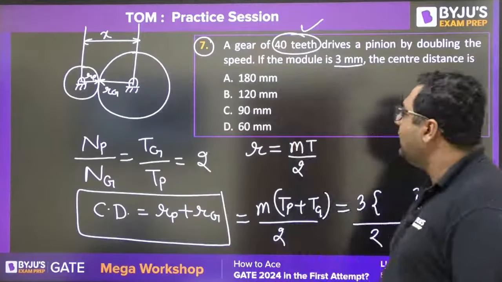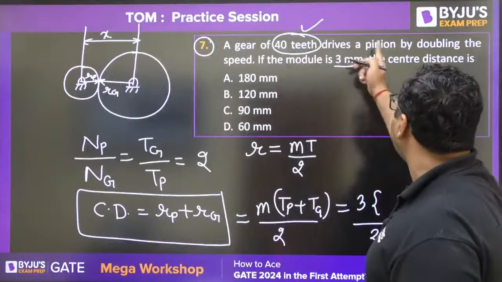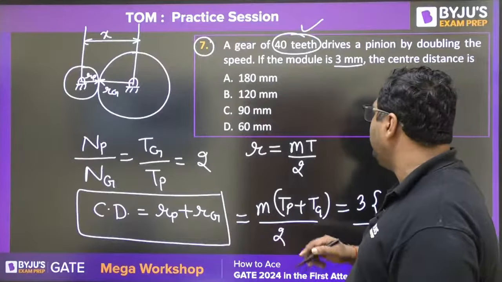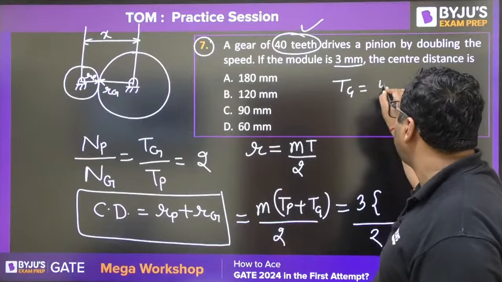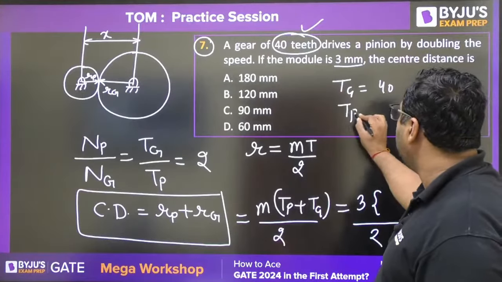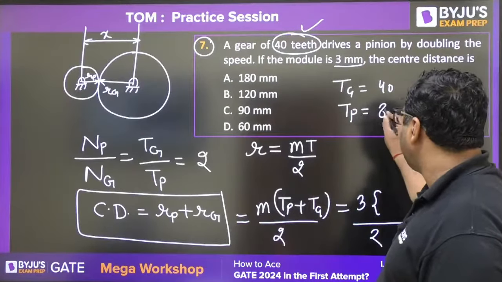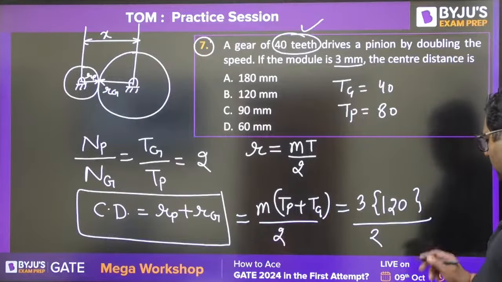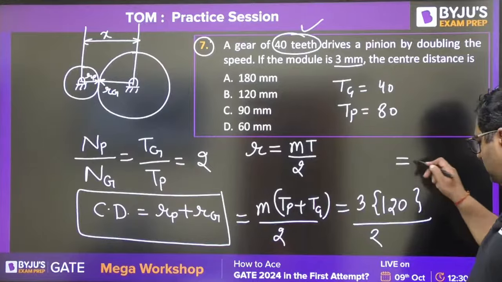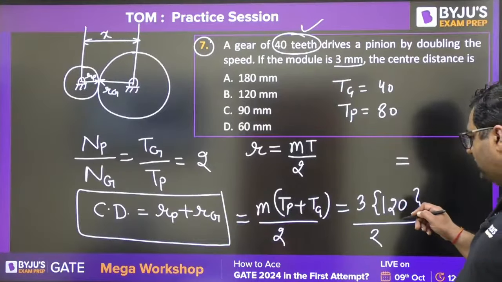You can see it is given a gear of 40 teeth drives the pinion by doubling the speed. So if the number of teeth in gear are 40, in pinion they will be 80. So it is 120. Is it clear? I have done some mistake.